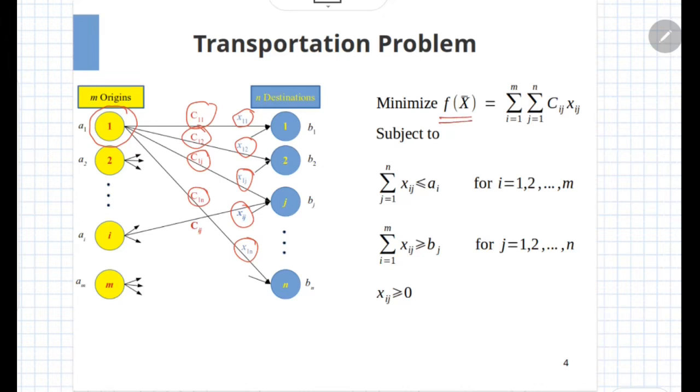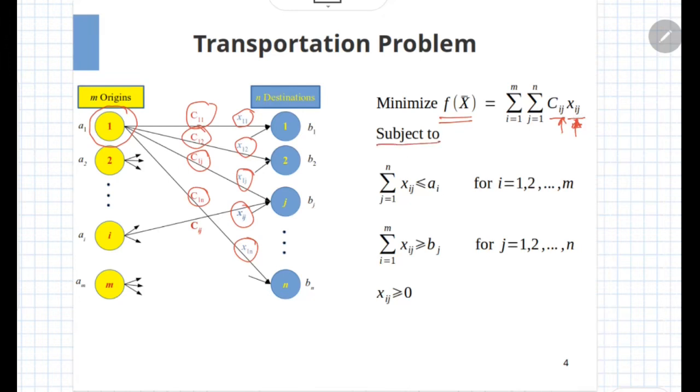So that is the objective function which we are trying to minimize, which is given as double summation of Cij multiplied by Xij, where Cij is cost of transporting product from ith origin to jth destination, and Xij indicates the quantity which is to be transported from ith origin to jth destination.